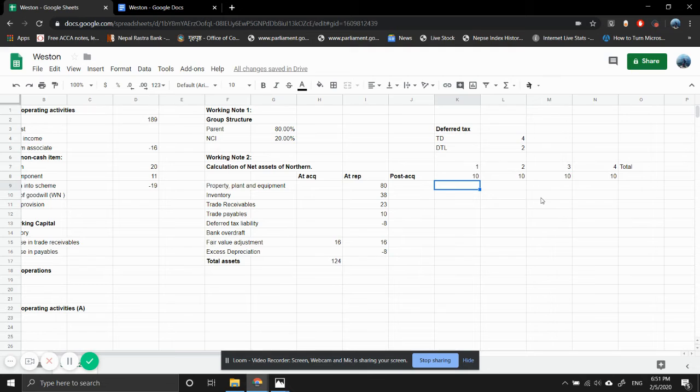When you take 25% of this, you'll be charging extra depreciation of how much every year? 16 divided by 8 will be 2, right?